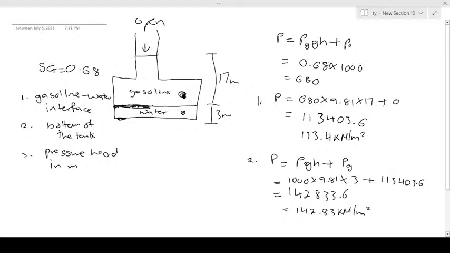So that becomes the pressure at the bottom of the tank.